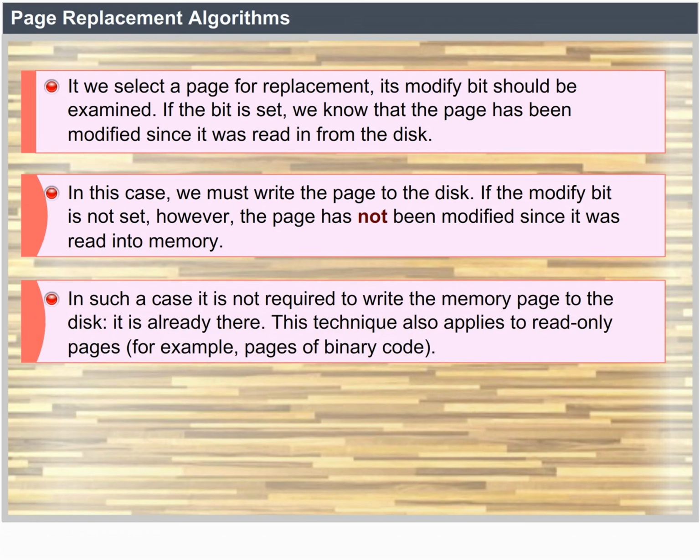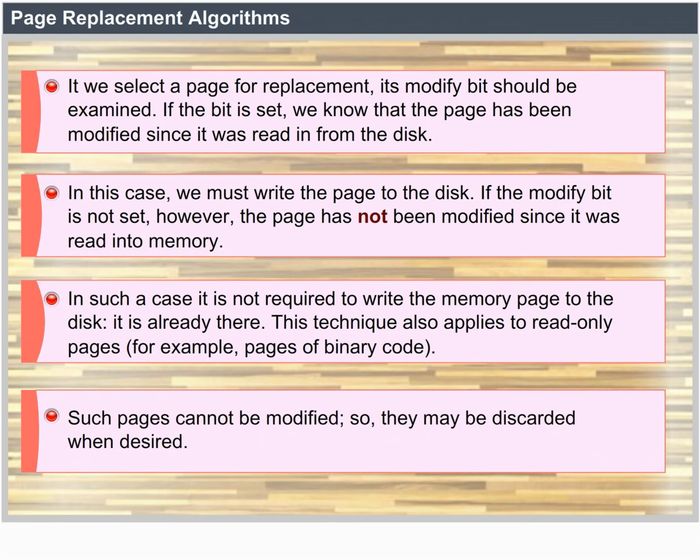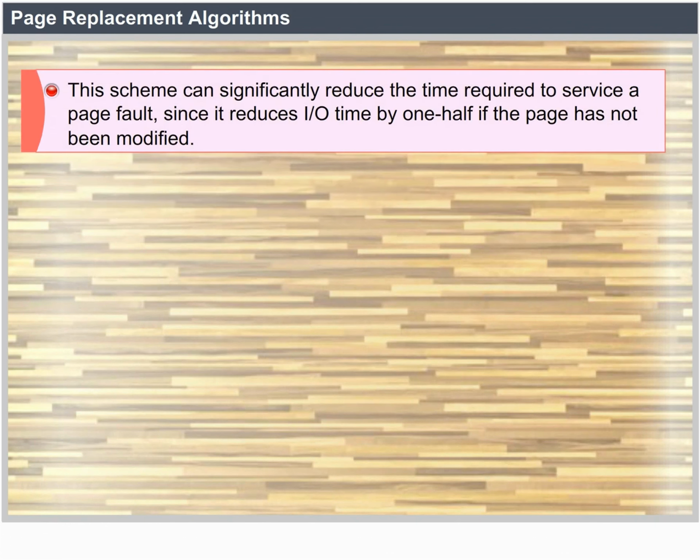It is already there. This technique also applies to read-only pages, for example, pages of binary code. Such pages cannot be modified, thus they may be discarded when desired. This scheme can significantly reduce the time required to service a page fault since it reduces input-output time by 1/2 if the page has not been modified.